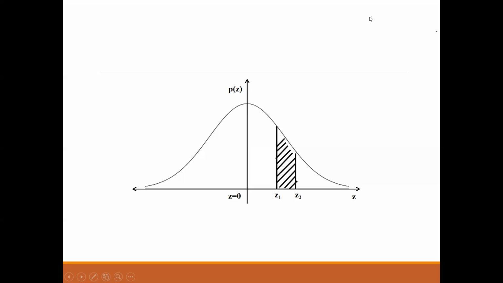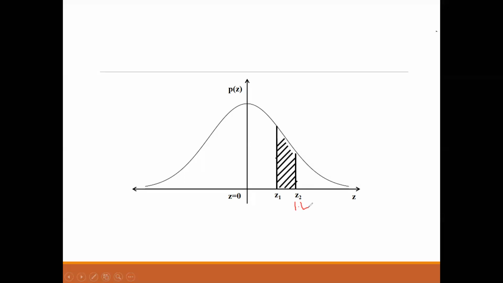Okay, from here I can take the color. Now, if I take these values, this is 1.25. Forgive me for my writing here. This is 1.25, and this is 0.6.